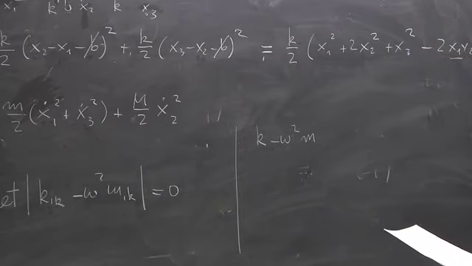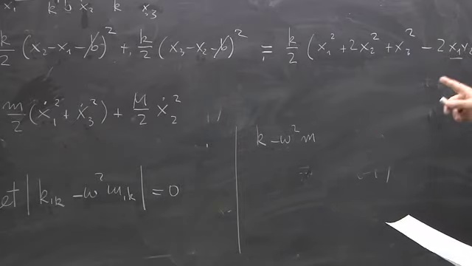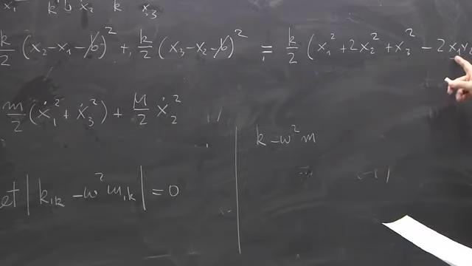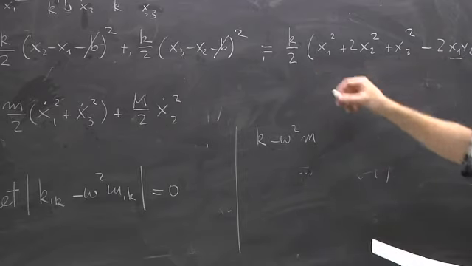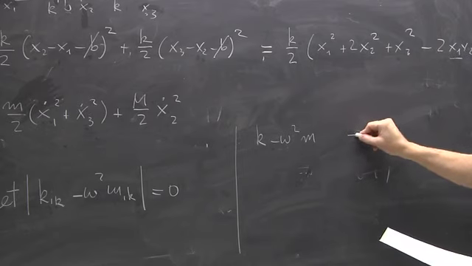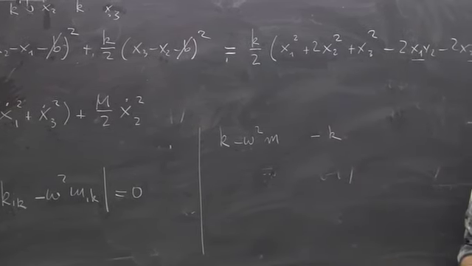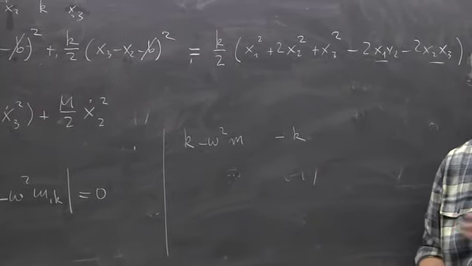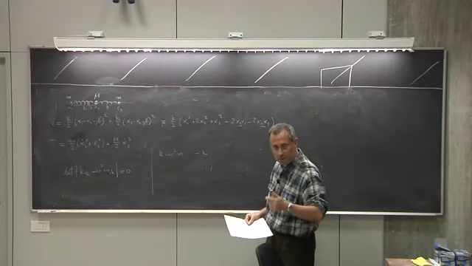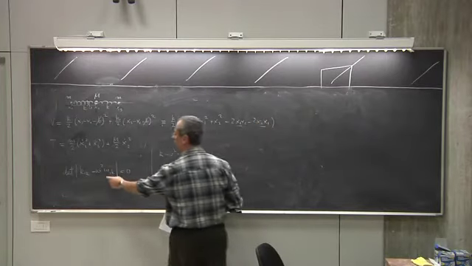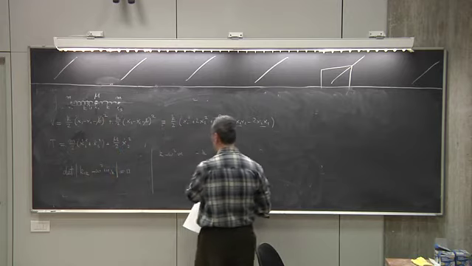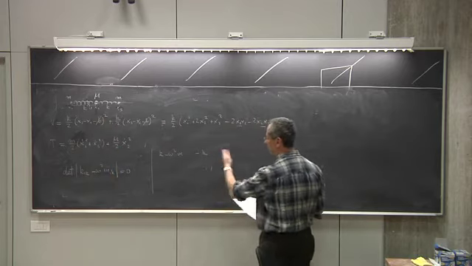In particular, looking at the 1,2, it's just minus k. Okay? You see what I'm saying? I don't want to write everything. I know what I need, so I just extract from these two the form of the 3 by 3 matrix, and then I take the determinant.